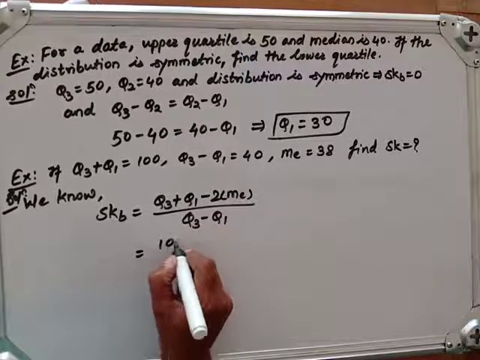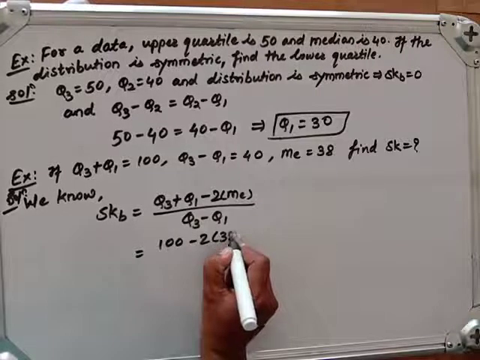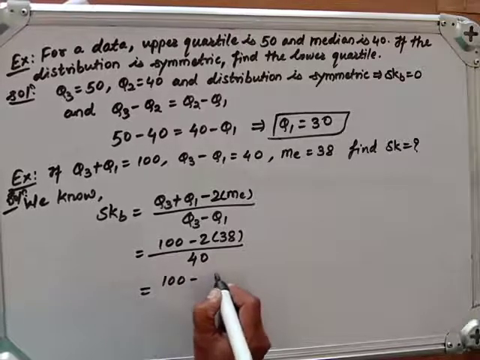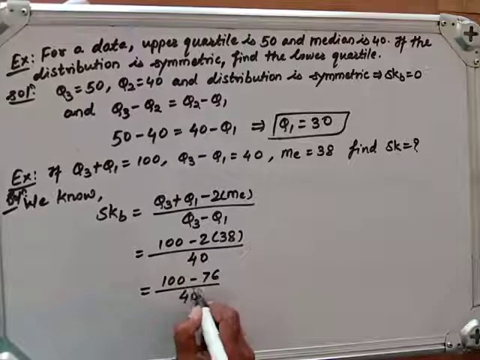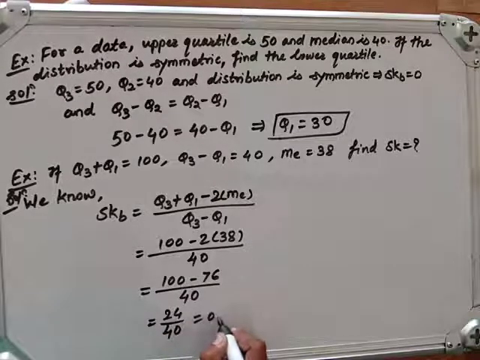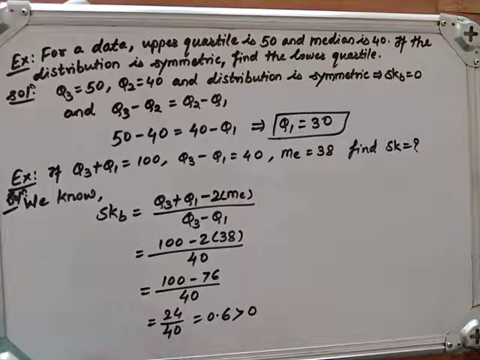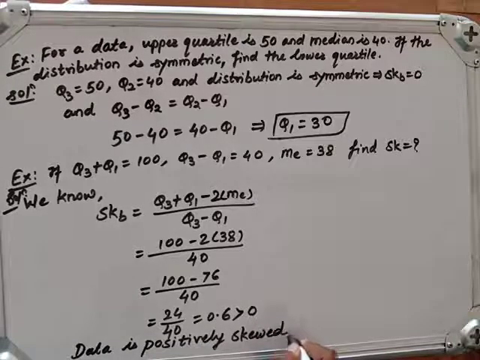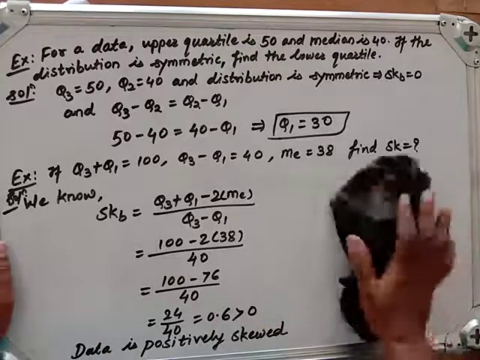So it is 100 minus 2 times 38 upon 40. So it will be 100 minus 76 upon 40, so 24 by 40. So it is 0.6. And this is positive, which means you can write that the data is positively skewed. Now next example.